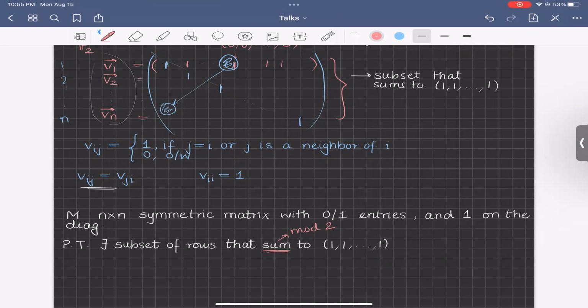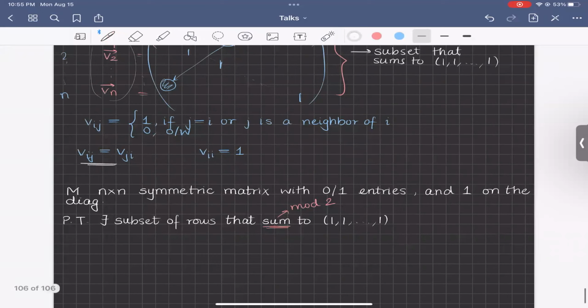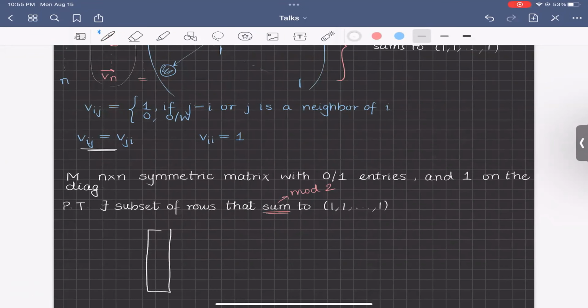It's the same here because the rows and the columns are the same. I was thinking more of v times M equal to 1, 1, 1, but it's the same thing. We can also view them as a subset of columns, because of symmetry.